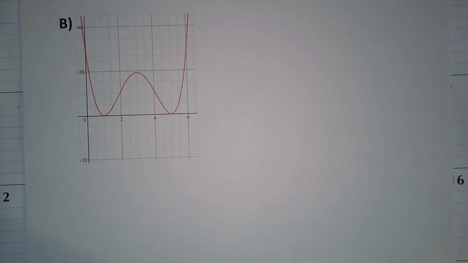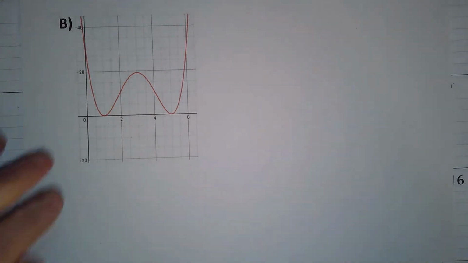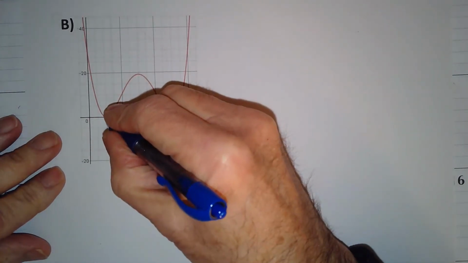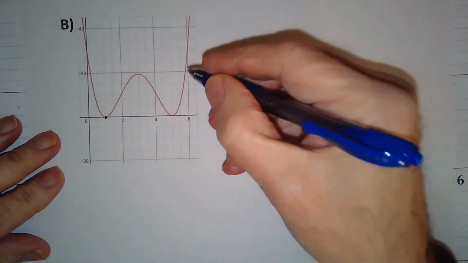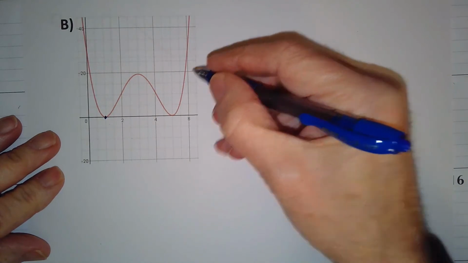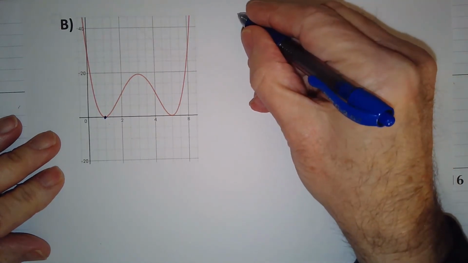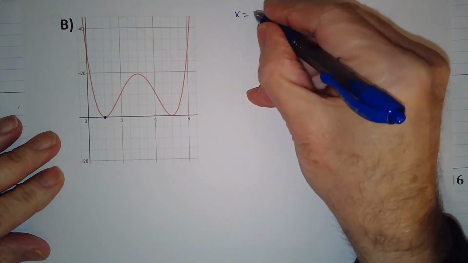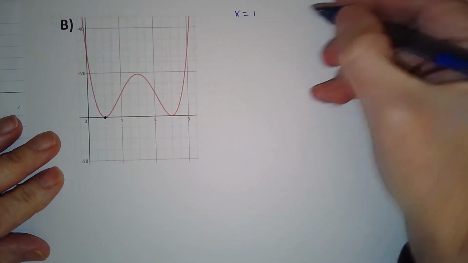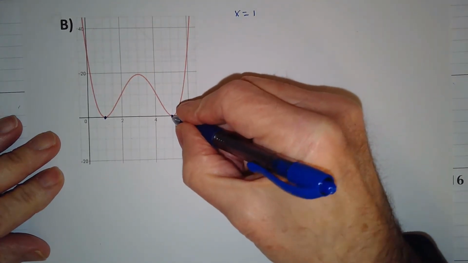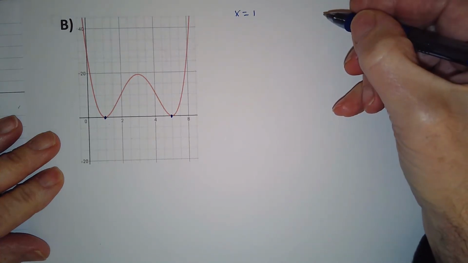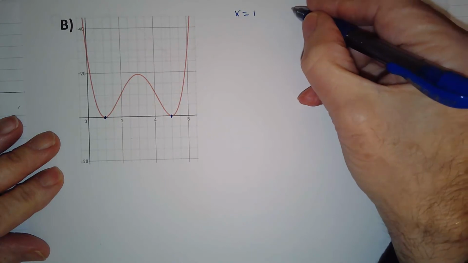All right, got another little graph here, so let's see what we've got. We have a point here at x is 1, y is 0. So we'll write x equals 1 up here. And we've got one down here at, looks like, x equals 5.